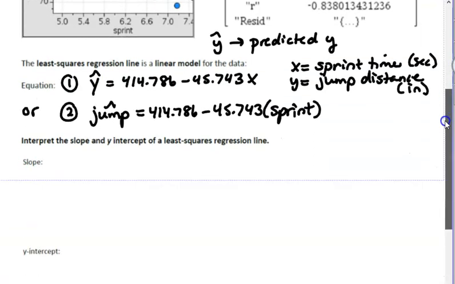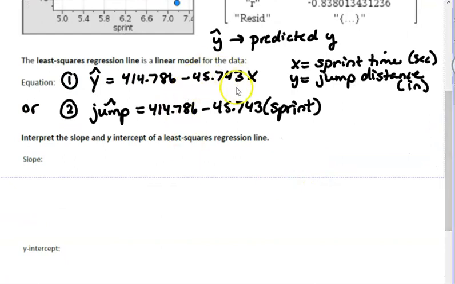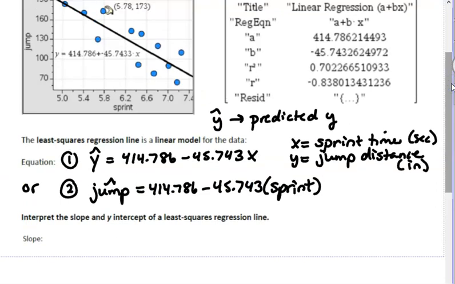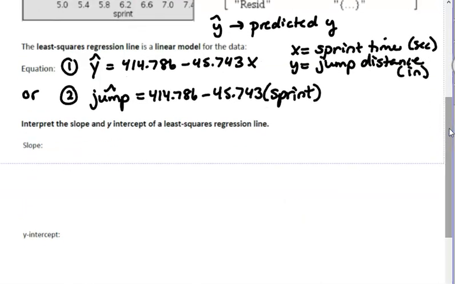Okay, so let's interpret the slope and the y-intercept. So here's the slope, 45.743. And we know from way back in algebra that slope is change in y divided by change in x. So it is the amount of change in jump distance for each unit change in sprint time. And this is how I want you to write the interpretation of the slope.